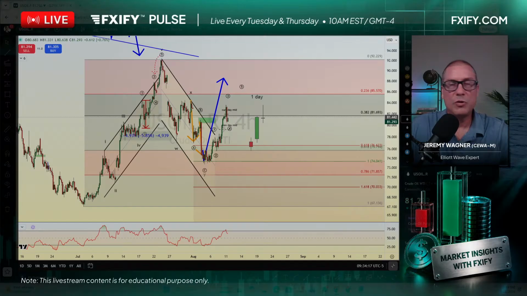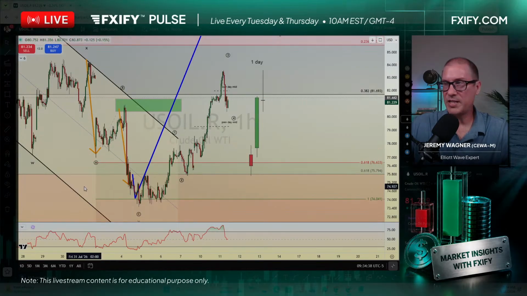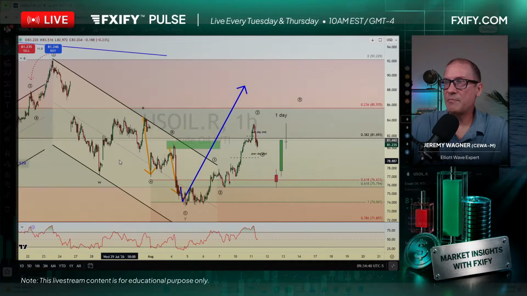But last Tuesday, we went over oil and I was like, look, I like this longer term to the bullish side, and that we may get a little bit of a dip before prices move higher again to the bullish side. And everything was laid out at that stamped marker that I just placed with that link into the chat box. So grab that, maybe just pause it. You can watch it later.